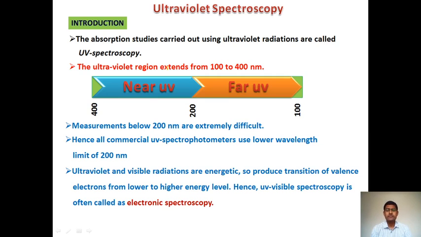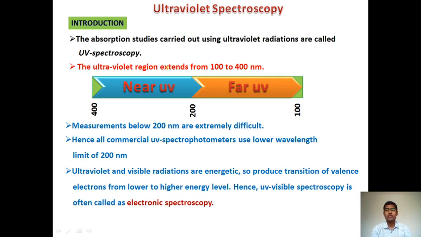Ultraviolet and visible radiations are highly energetic. In the first lecture we have seen the electromagnetic spectrum, in which we said that these ultraviolet and visible radiations are energetic, so they can produce electronic transitions, that means transition of valence electrons from lower to higher energy levels.